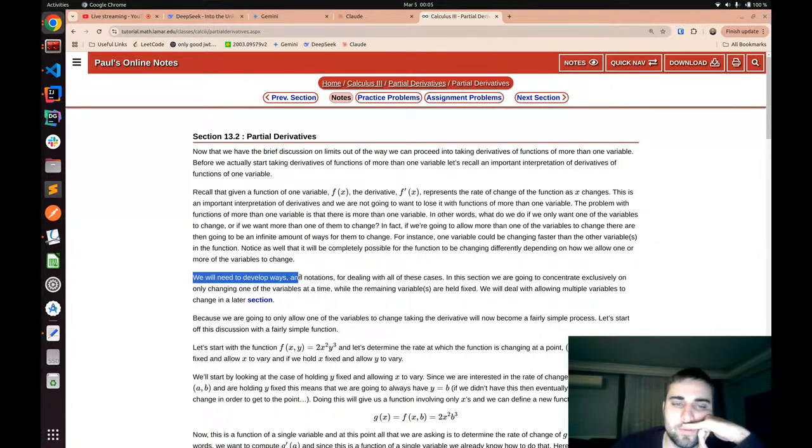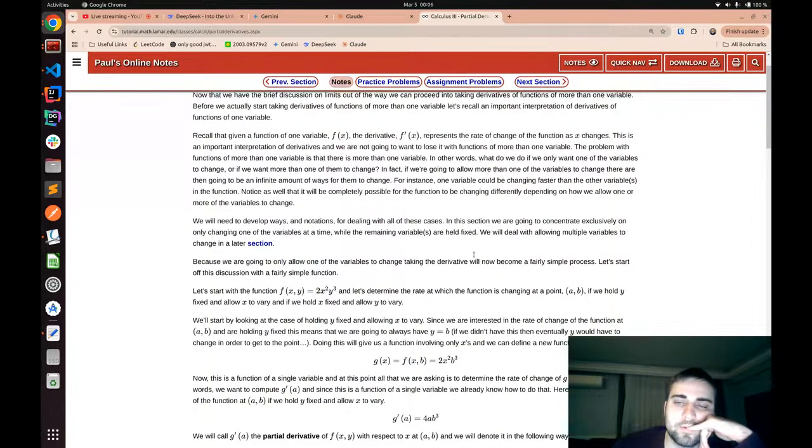We will look at those ways in a later section. Here we concentrate exclusively on changing only one of the variables, because then things become fairly simple.